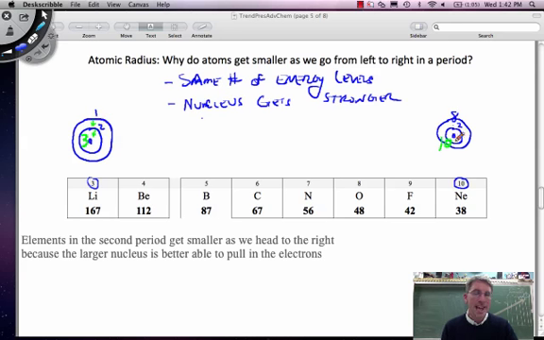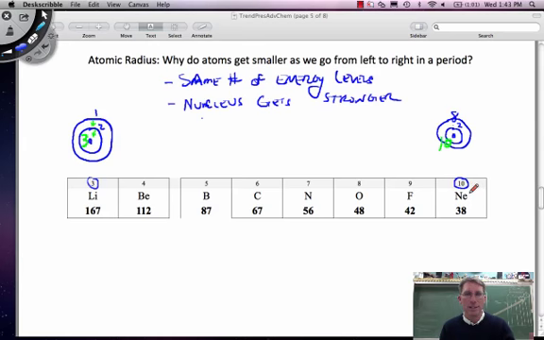But if we had 10 magnets, the pull would be even stronger, and these electrons are going to get pulled in toward the center, shrinking the rings down, making them really tight. So overall, we said that as we headed down a family, the atoms got larger because we added more rings. But when we go across from left to right, the atoms get smaller because our nucleus is getting stronger, and it's able to better pull those electrons into a tight ring.